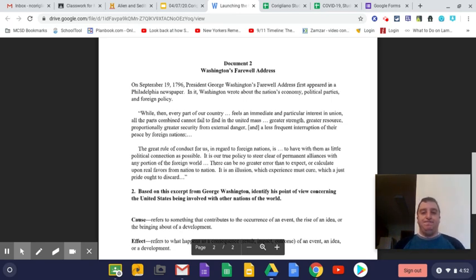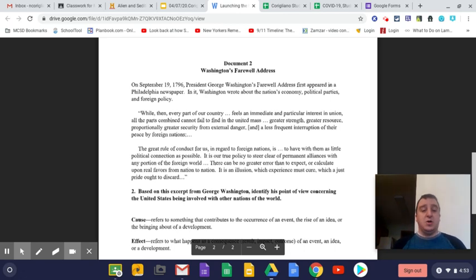And the belief that you can rely on them is an illusion that experience needs to cure, needs to kind of have us get rid of or not rely on that. We need to teach ourselves that we cannot have alliances with other nations, and a just pride ought to discard. A pride in ourselves and a reliance in ourselves ought to convince us that we don't need foreign alliances. So that is the gist of this document. That is kind of the message of this document.